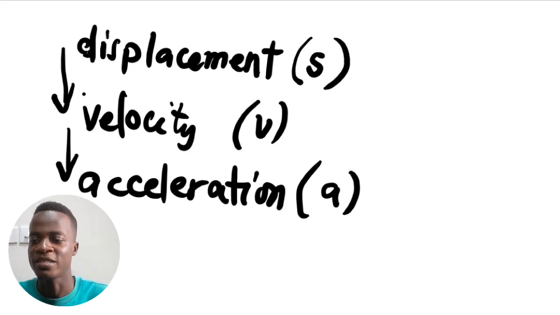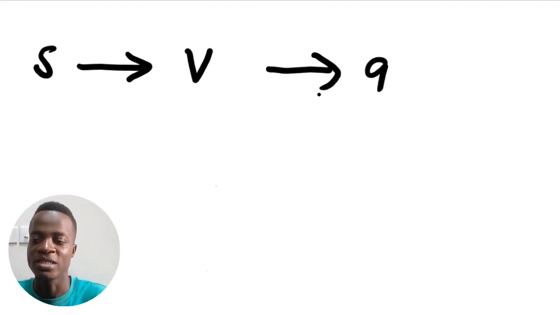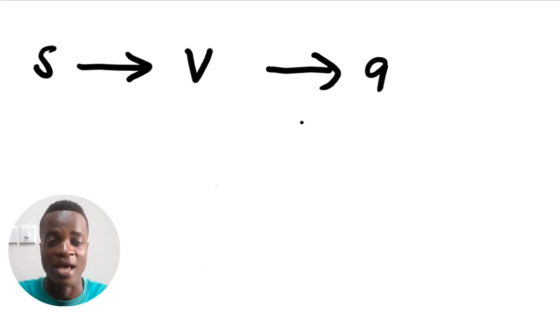So there's that linear relationship where you move from displacement, which is S, to velocity, and then if velocity changes with time, we get acceleration. As simple as that. These things are going to be varying with time. Time will be the common factor for all of them. Displacement will be changing as time is passing by, velocity will be changing as time goes by, and acceleration will also be changing.